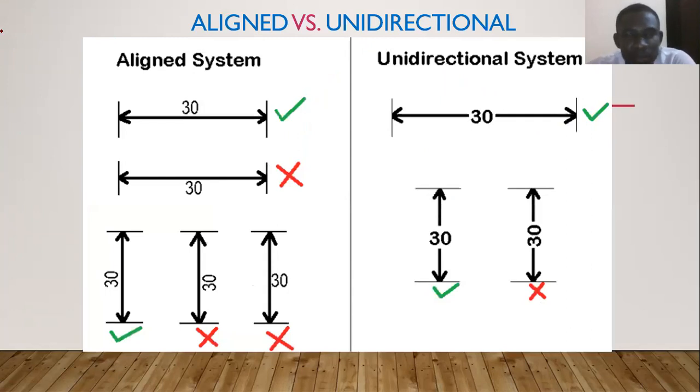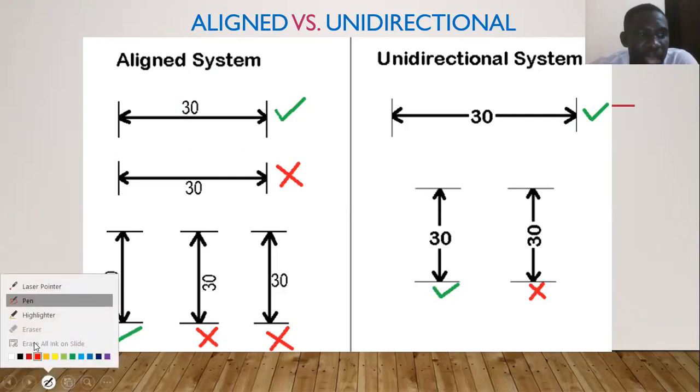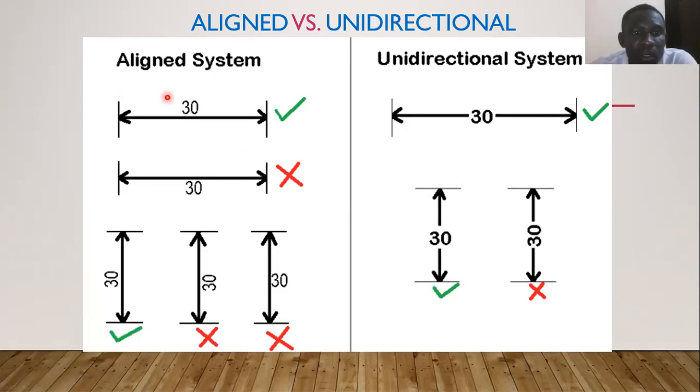Okay. So let's compare both systems of dimensioning, unidirectional and the aligned method. Look at the aligned system carefully. This is allowed for aligned, but let's look at this one first.